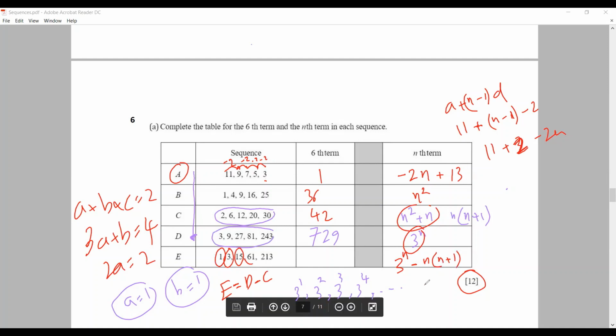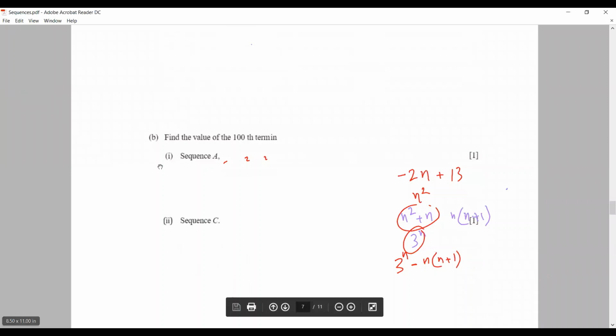This was quite a challenging question, I would say, but you could figure it out eventually if you look at the previous sequences. Moving on to the next part, in sequence A, they want us to find the 100th term.